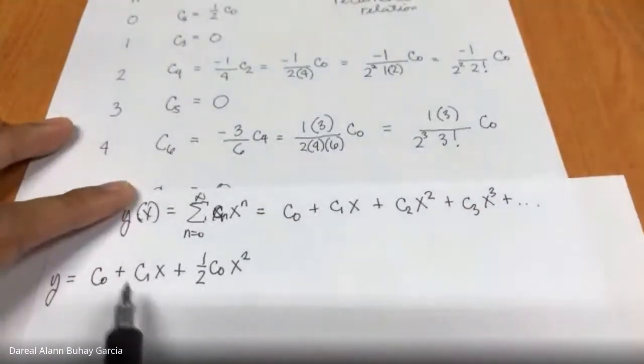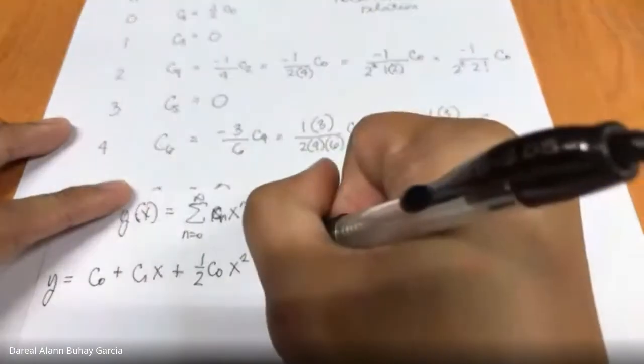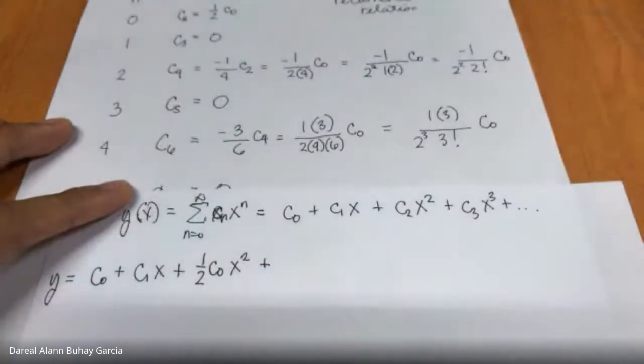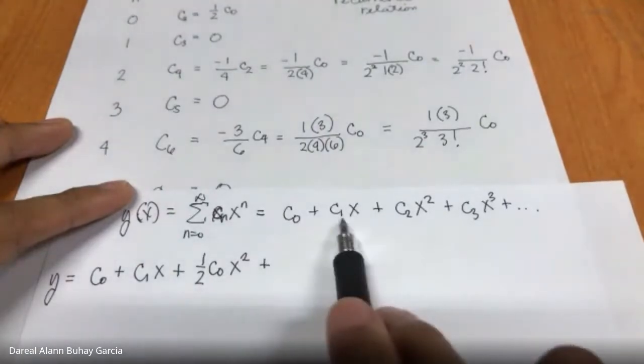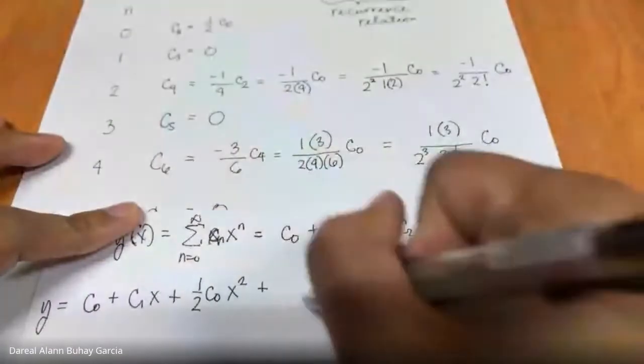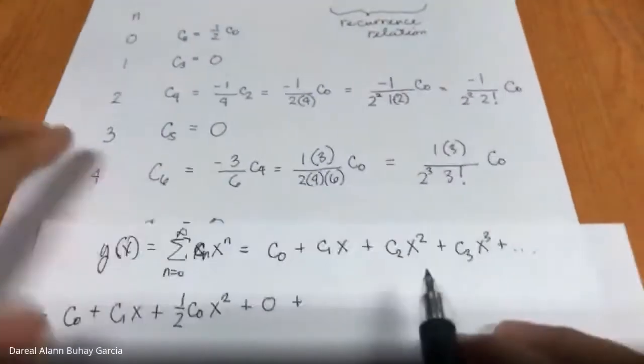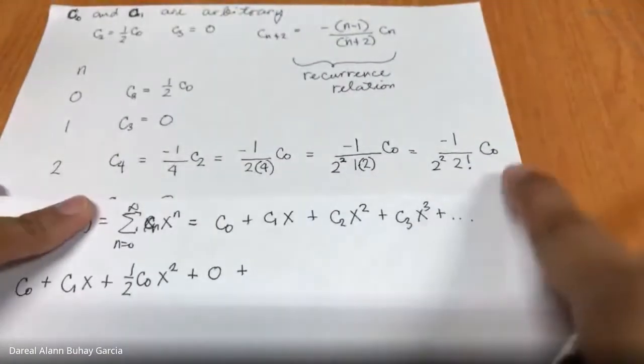So this is the first expression, second, third. When n is equal to 3, what is C3? 0. Okay, 0. Plus 0. C4. What is C4? Okay.